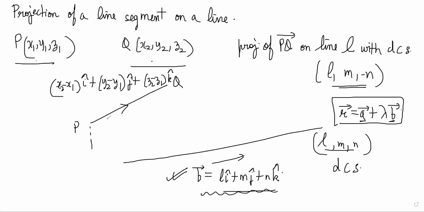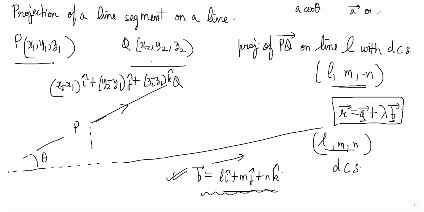So PQ cos theta, right? Suppose they make an angle theta here. I want to find out what portion of PQ is on this line, right? Correct. Yes, sir. Projection of vector A on vector B is always A cos theta, right?